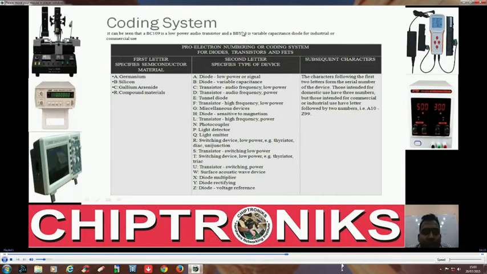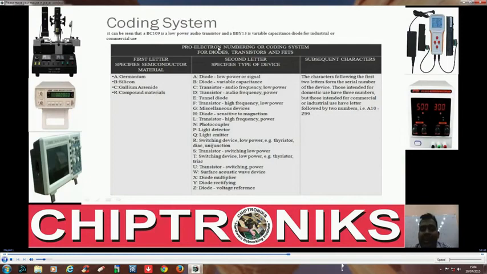So if we check BBY13, what exactly does it mean? B means silicon, and the second B here means diode. So this is a diode having variable capacitance. So BBY13 means a diode having variable capacitance.